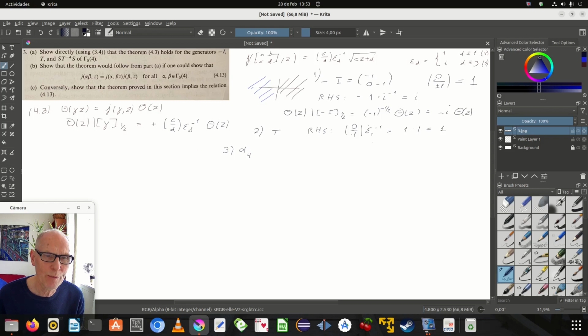And then we have alpha 4. And there we need the formula from the book. It's formula 3, 4. So that's 4 set to the order of 1/2.